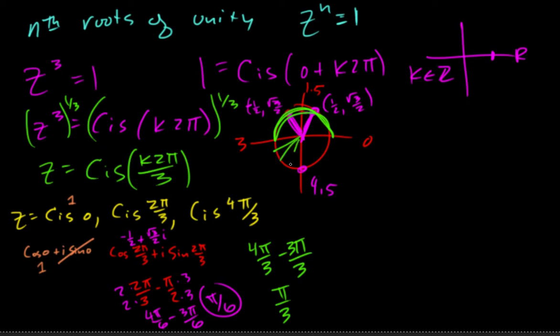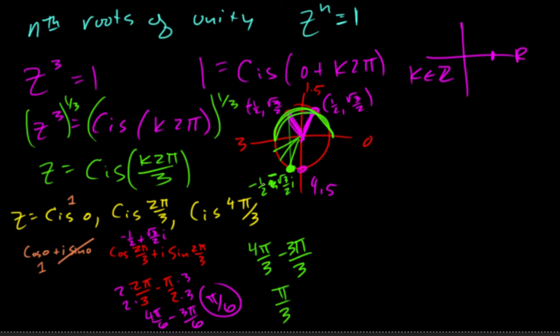And so that would be the third, which is symmetric to that one. So it's just going to be negative 1/2 plus square root of 3 halves i. No, minus, because they'll both be minus down there. Okay, so we got those.